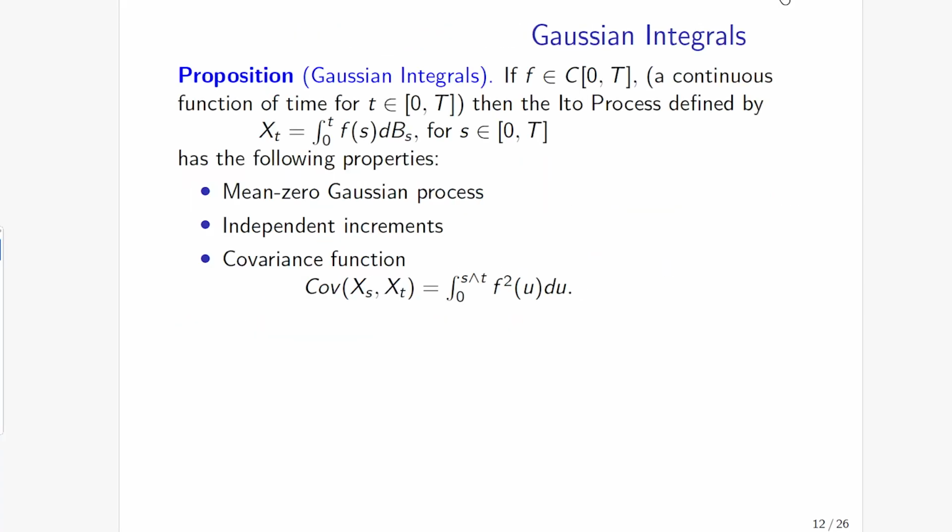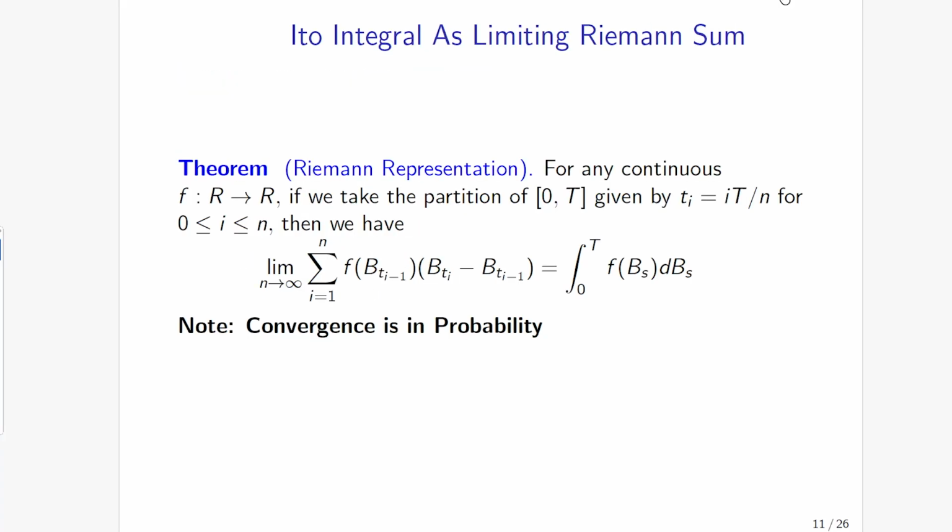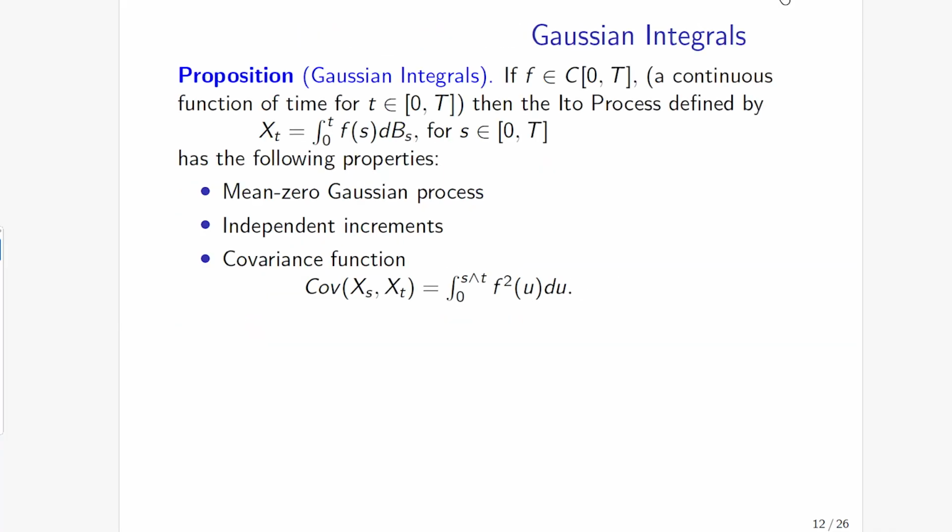This sum converges in probability as n goes to infinity to the integral. So we have a limiting value that exists and converges in probability.